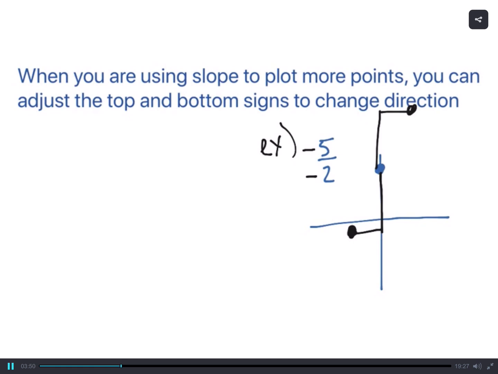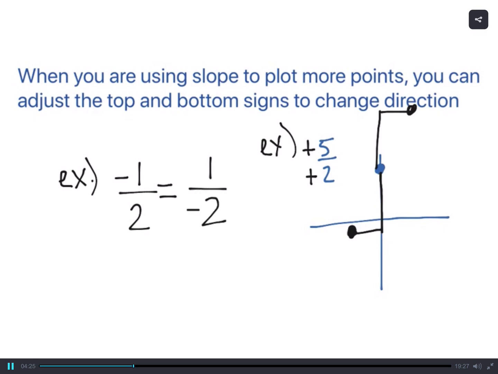If they were both negative, then you would just make them positive and do the opposite of them. What if they're different? Let's say I'm just going to make one up. If I had negative 1/2, and I didn't have the room to go down 1 and then right 2, I could change it to say positive 1 on top, negative 2 on bottom.